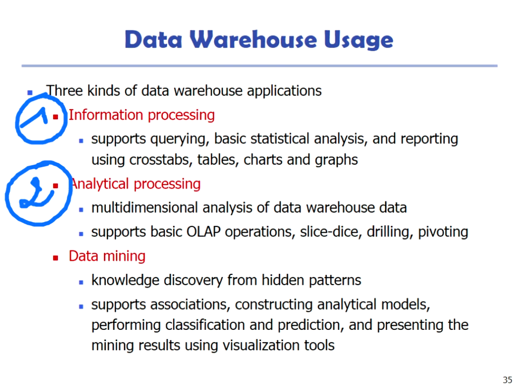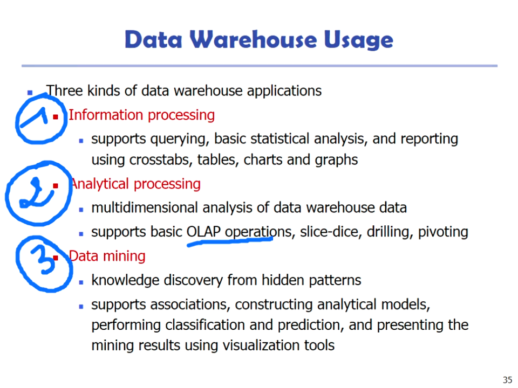analytical processing. So in this case, we will make a multidimensional analysis of data warehouse data, and to make it, we can use some OLAP operations like slice, dice, drilling, pivoting, etc. The third data warehouse application is data mining. So knowledge discovery from hidden patterns.